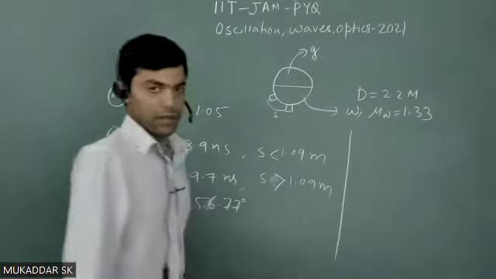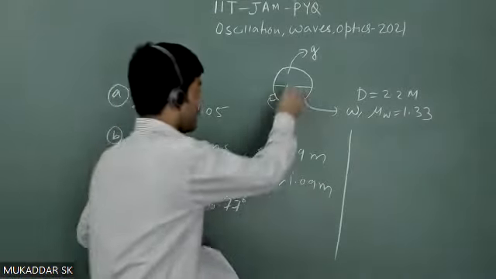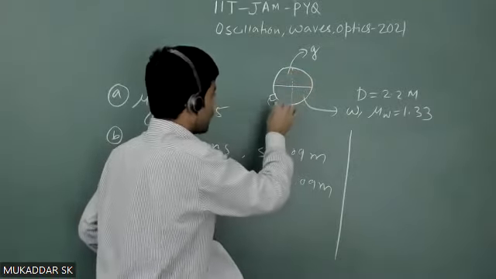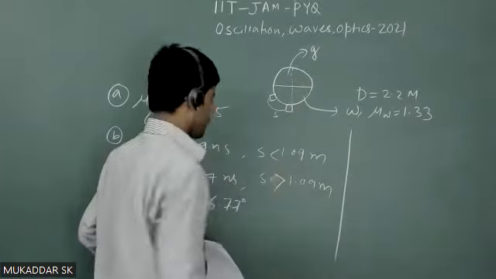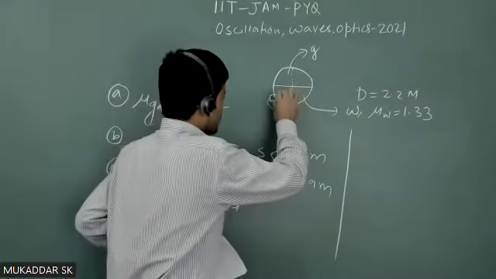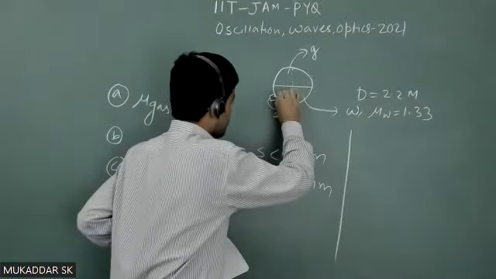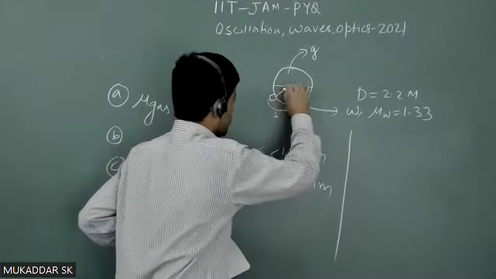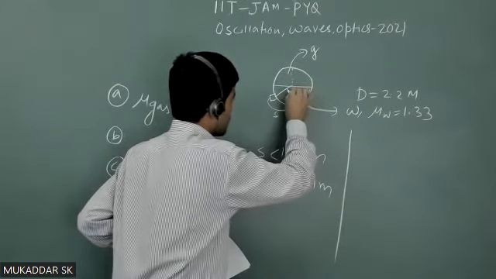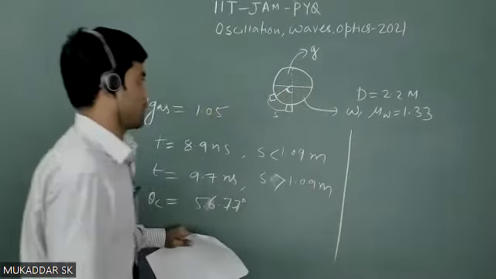Okay, as I mentioned, this is the vertical line. Okay, so when this distance equals 1.09 meter, then when the ray is incident at that distance, this angle will be theta c.